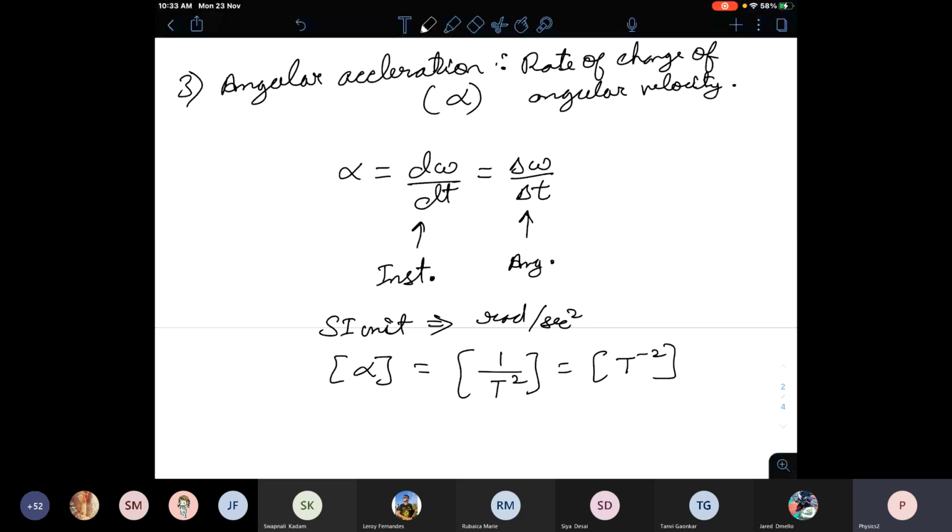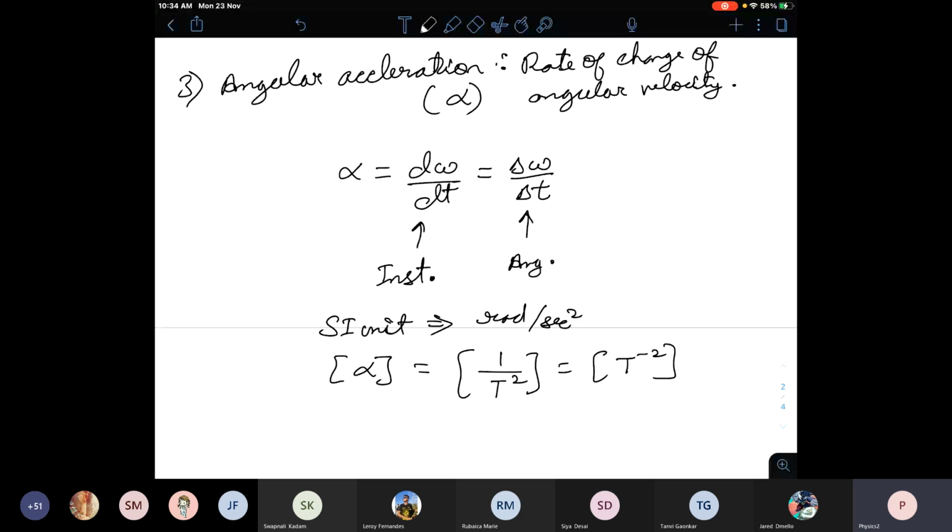Not difficult, I mean it is not for this chapter. Why I am saying this: if you remember linear motion, the source of acceleration is force. In whichever direction the net force is, in that direction only linear acceleration will be there.